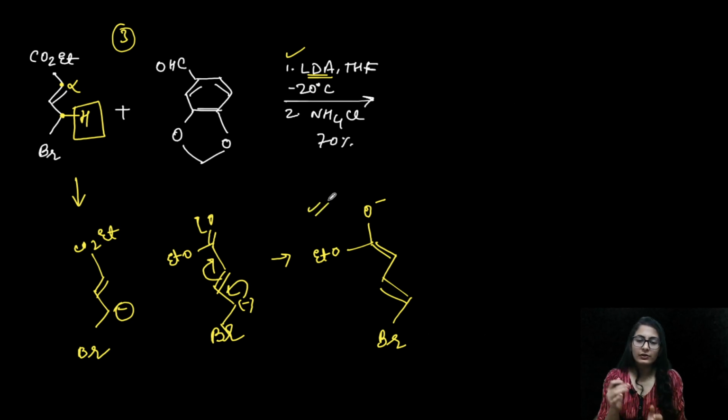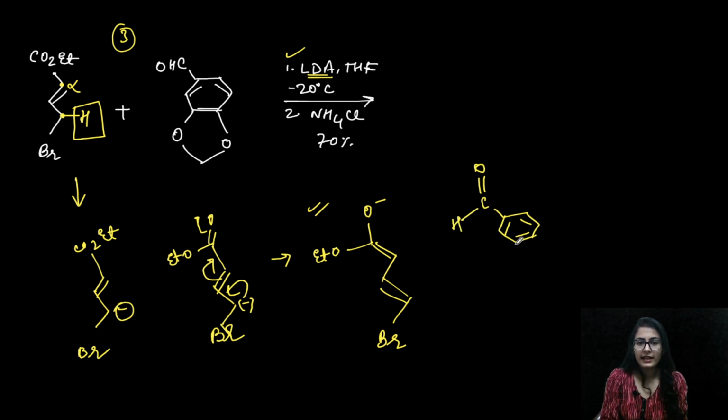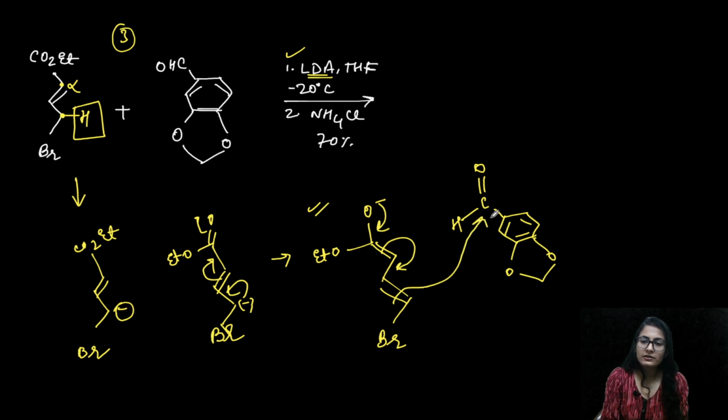And just like the enolate attacks, it is also going to attack on this carbon. Okay, this is our benzene, then we are going to have the aldehyde over here, and the acetyl part is not going to be touched, it remains as it is. So this is how the molecule is going to attack, and your product is going to be a little bit long one, so you're going to require some space like this.